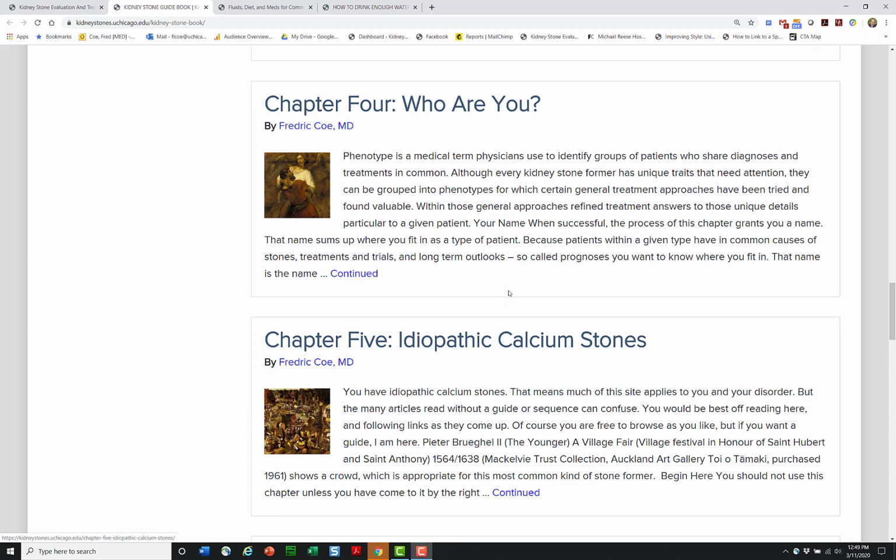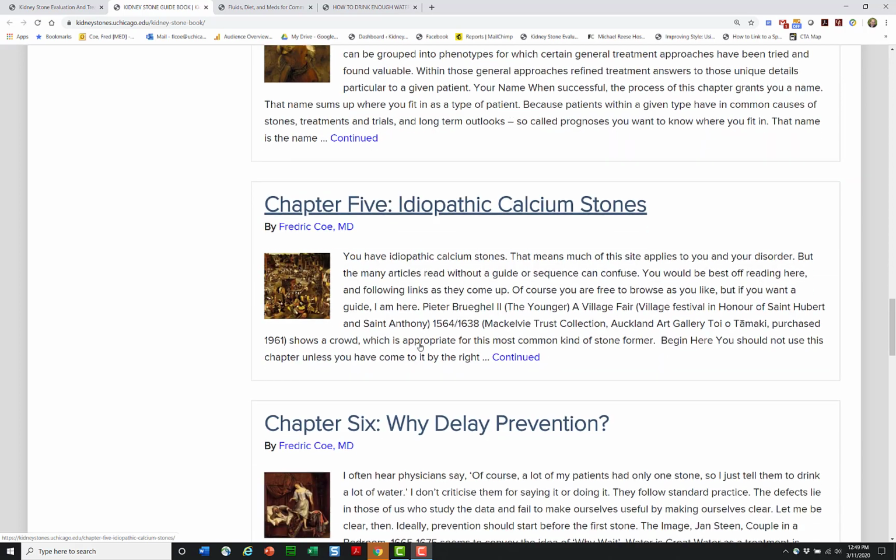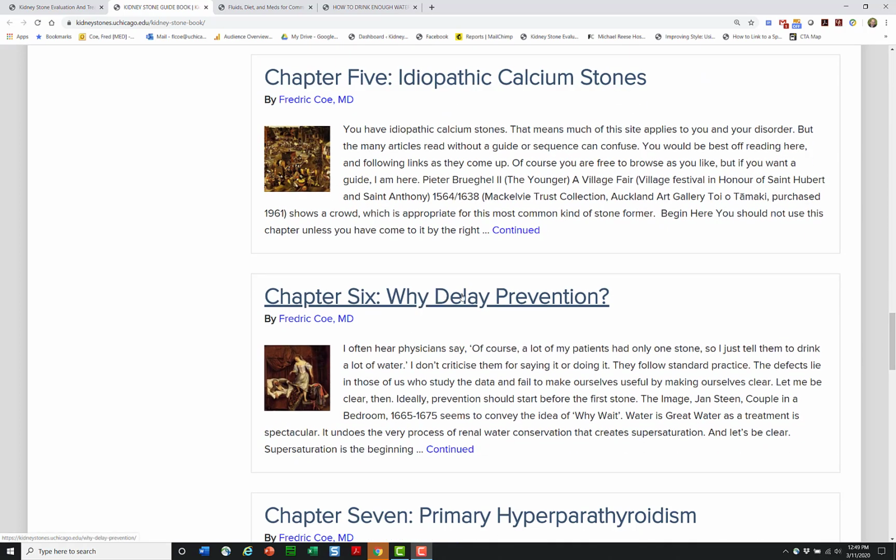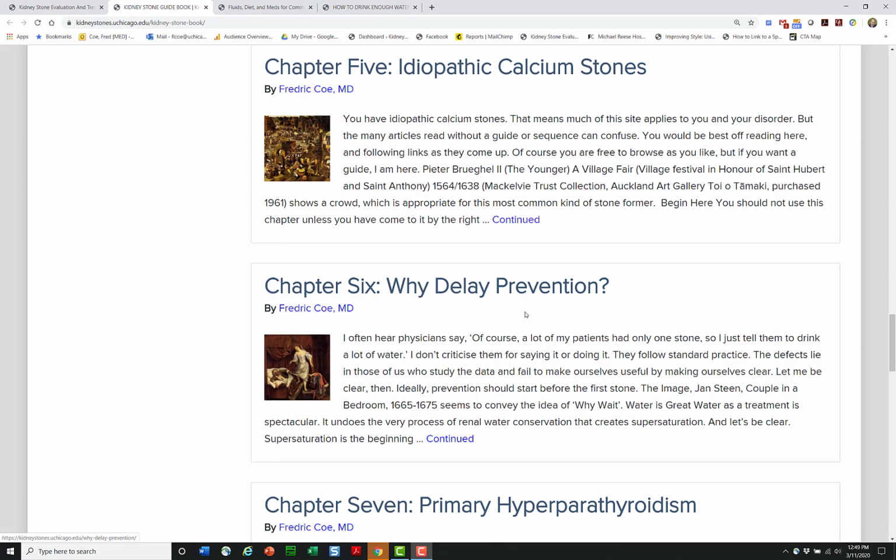Chapters 4 and 5 have to do with the different kinds of kidney stone formers, and then the most common kind, the idiopathic calcium stone former. And then after that, I think a very important article on what are we waiting for.